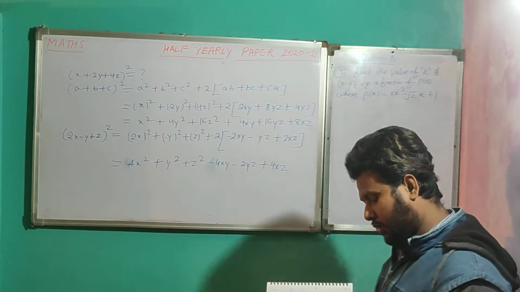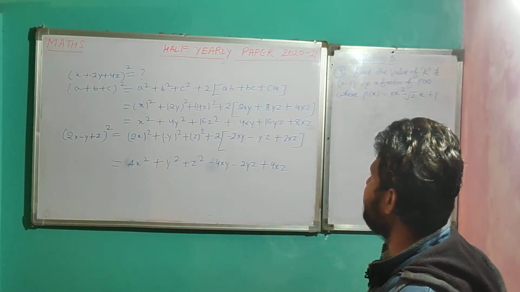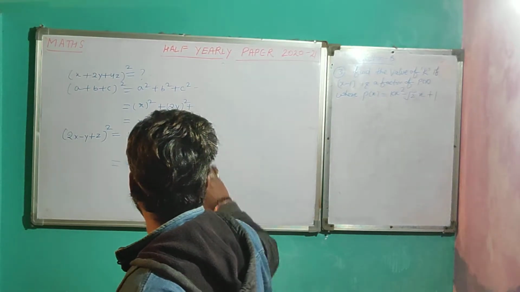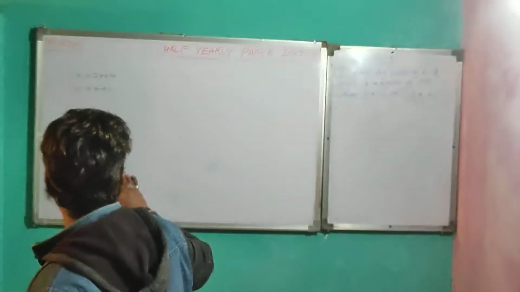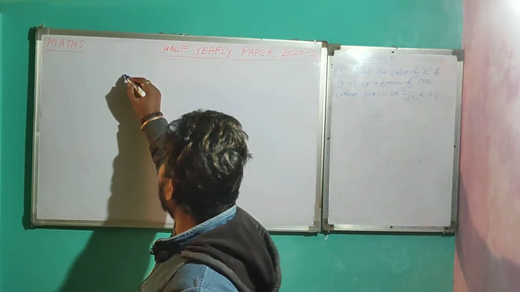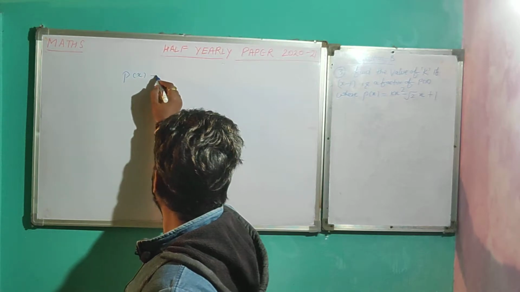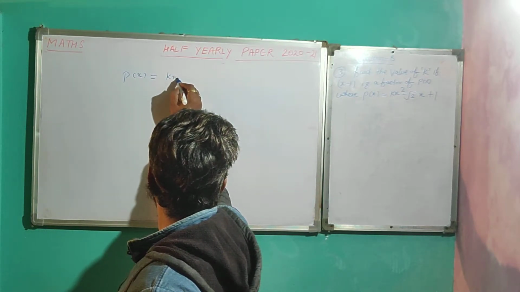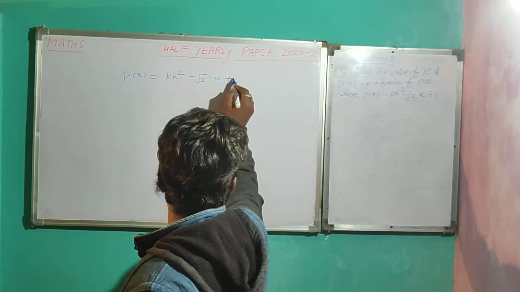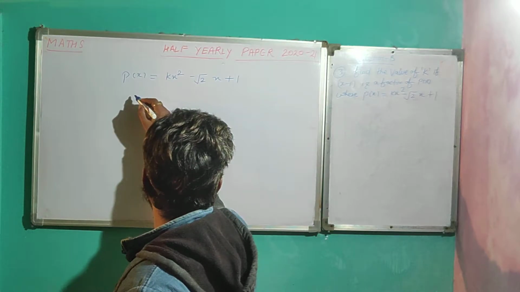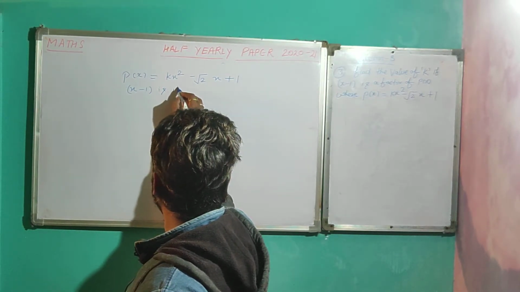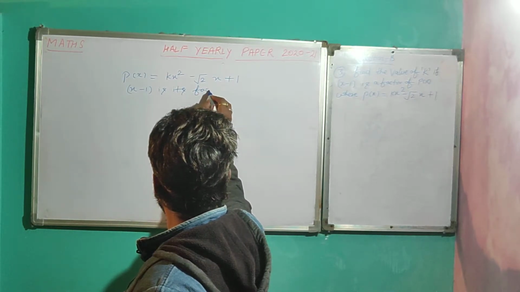Okay, so solving this question, we have p(x) is equal to kx square minus root 2 x plus 1 and x minus 1 is its factor.